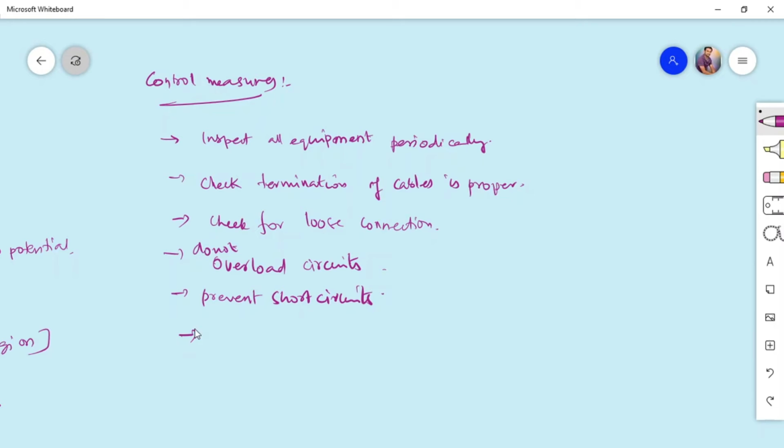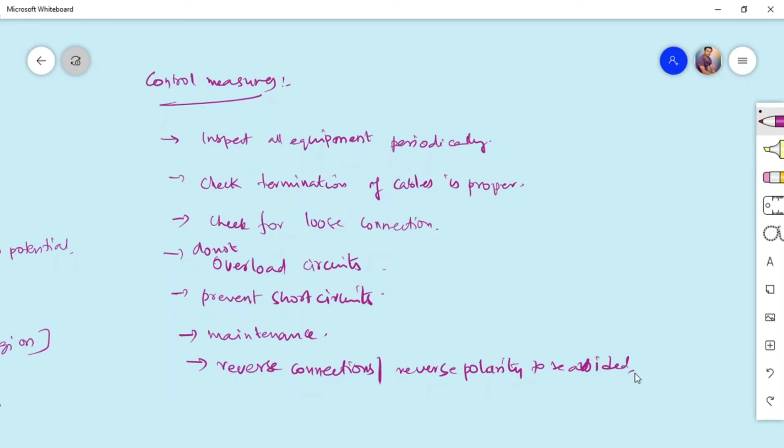Prevent short circuits. And after that we need to have proper maintenance, and reverse connections or reverse polarity are to be avoided.